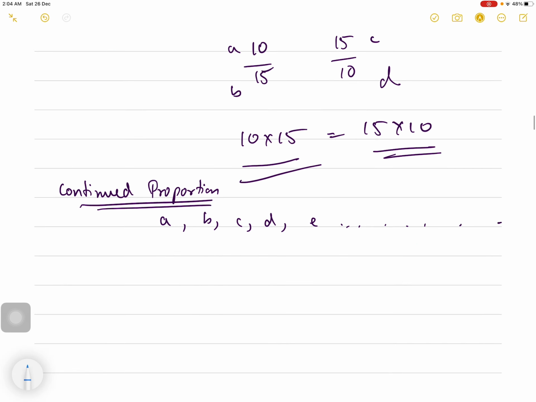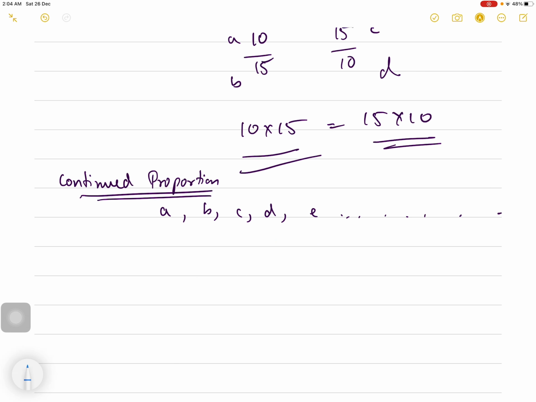Understood? And the next one is continued proportion. In continued proportion, A, B, C, D, E and so on are in continued proportion. That means A by B is equal to B by C is equal to C by D. So the denominator of the first ratio becomes the numerator of the next ratio.